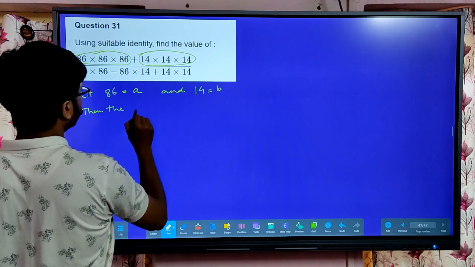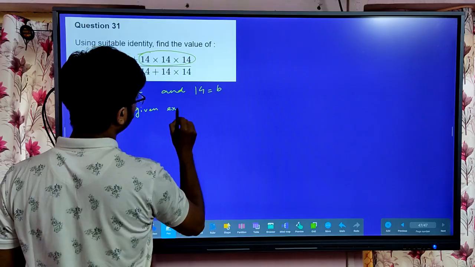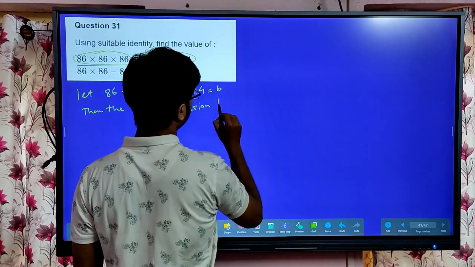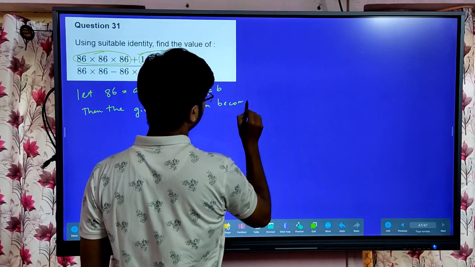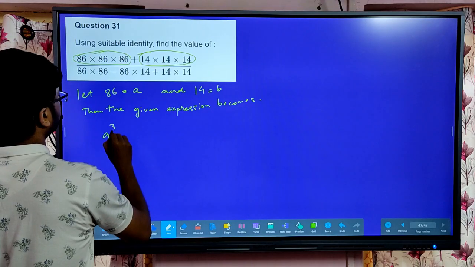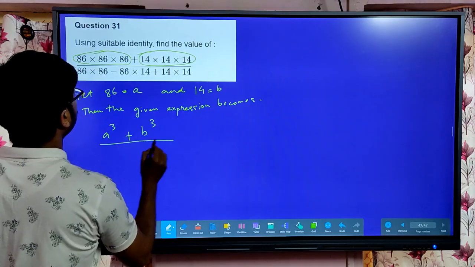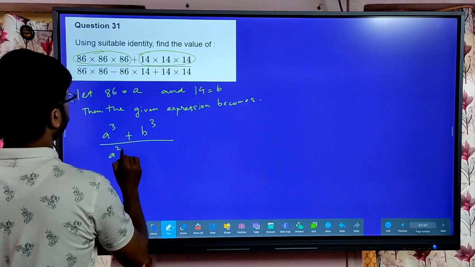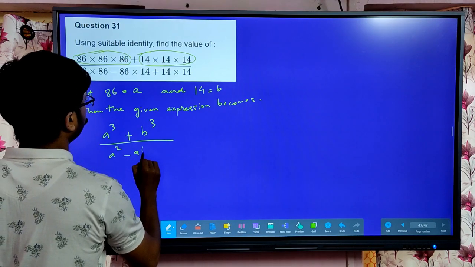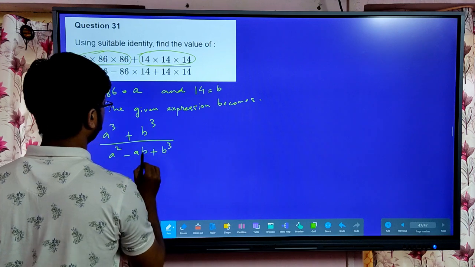Then the given expression becomes A cube plus B cube by A square minus AB plus B square.